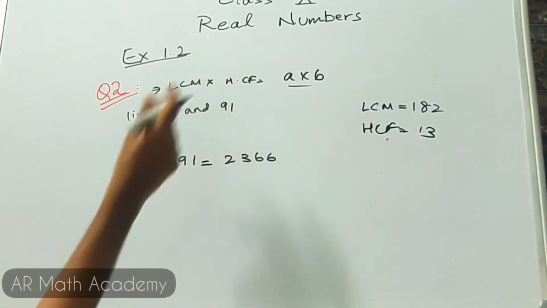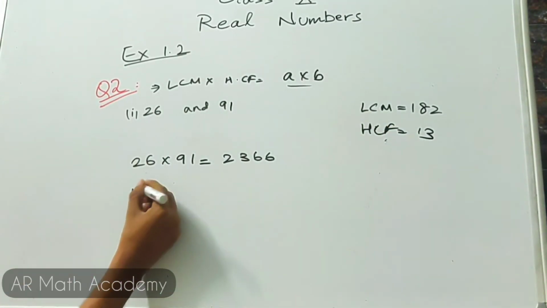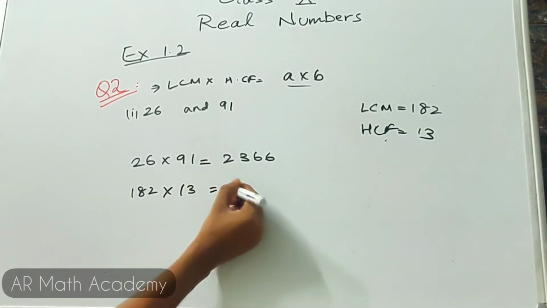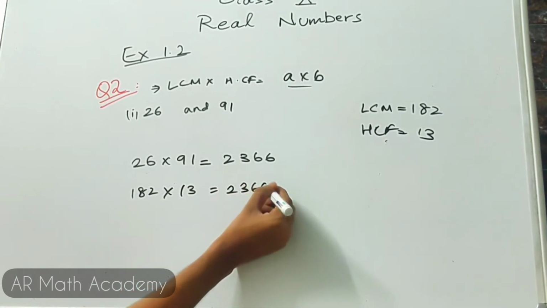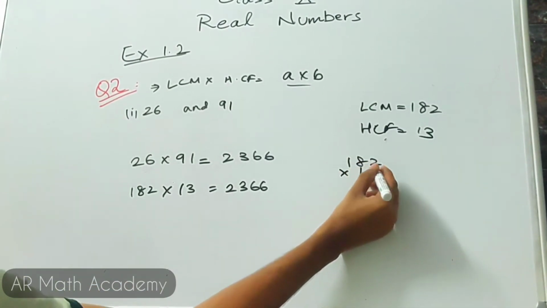Now we have to do LCM times HCF. What is LCM times HCF? 182 times 13. Well, this turns out to be 2366 as well. I'll multiply it and check. Times 13.